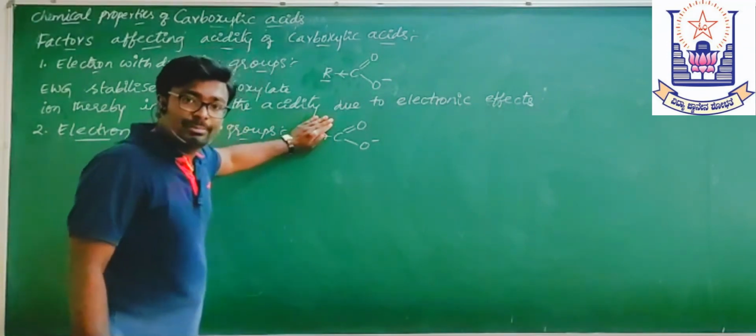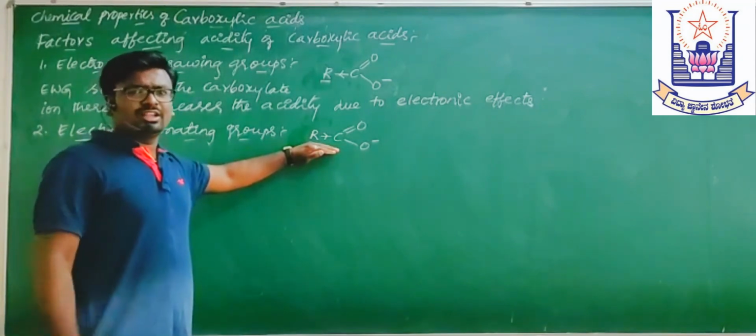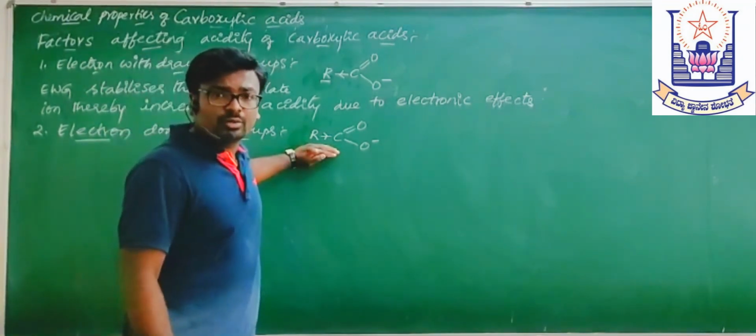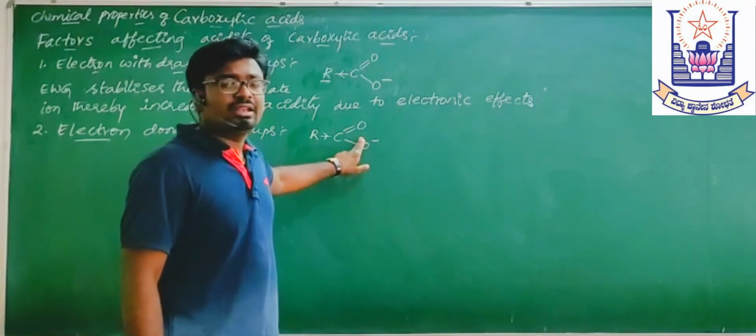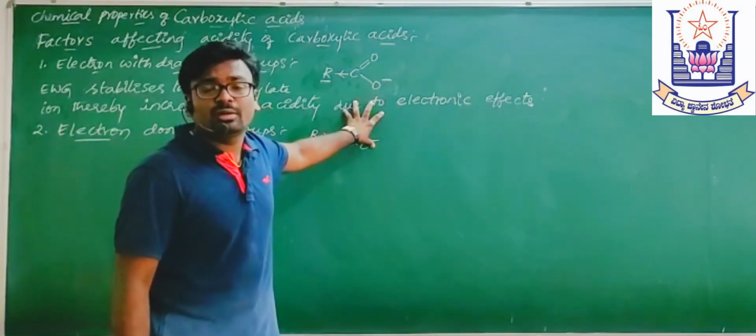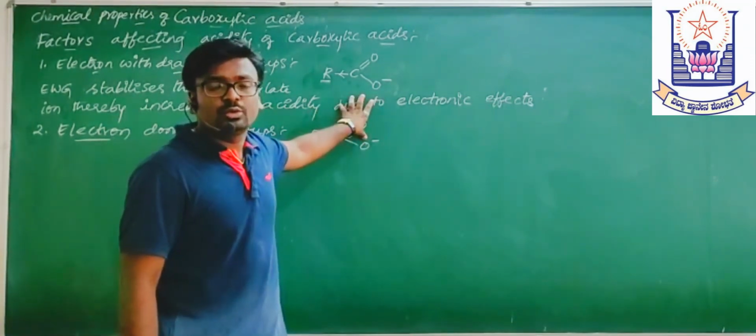And here comes a group, an alkyl or any other electron donating group, donating electrons towards the carboxylate ion, increasing the negative charge on it, and putting more burden on the group.